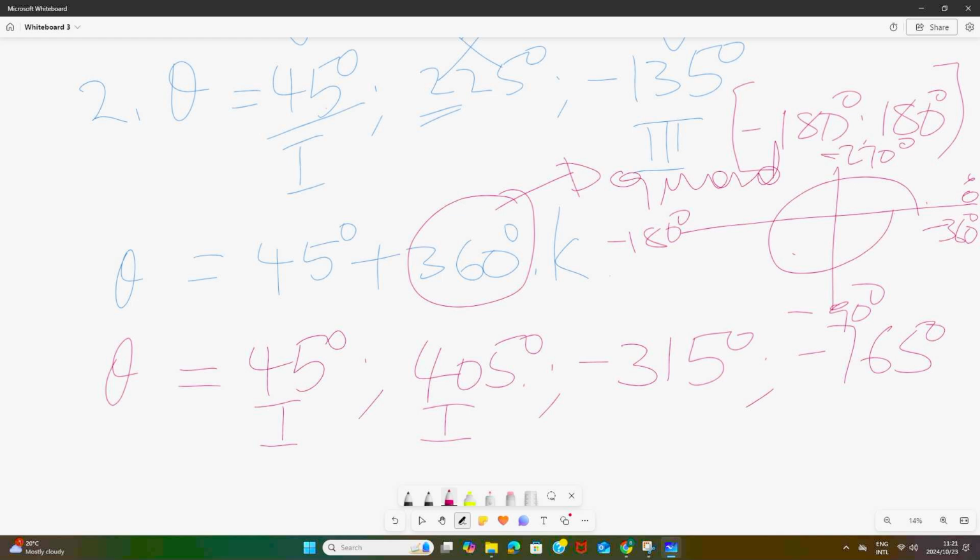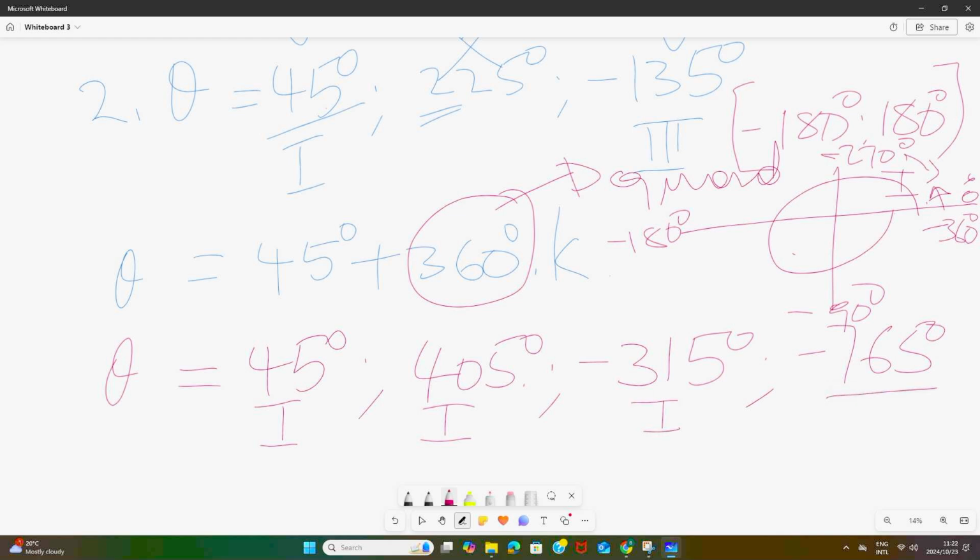Negative 315 is on this side of negative 270, but negative 315 is more than negative 360 degrees. It is less than negative 270, but more than negative 360, and all the angles that are more than negative 360 but less than negative 270 are in the first quadrant. It means that even negative 315 is in the first quadrant.